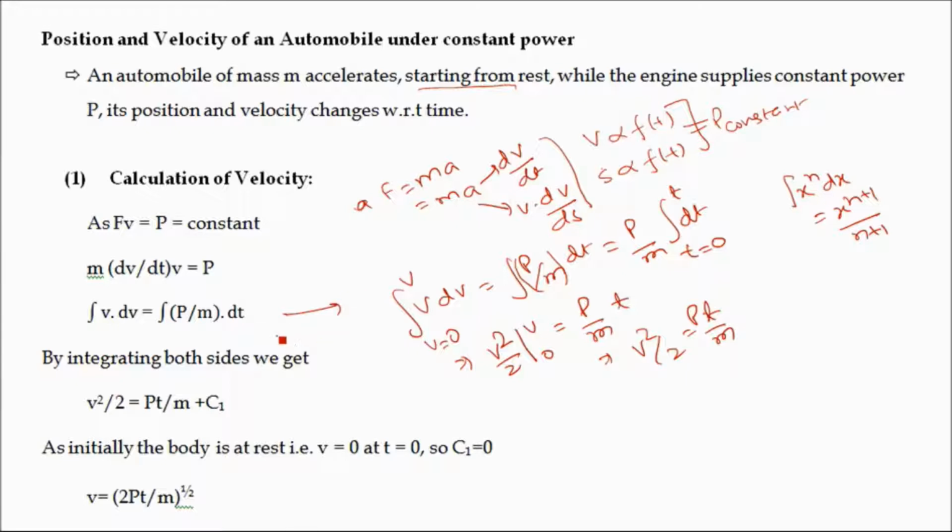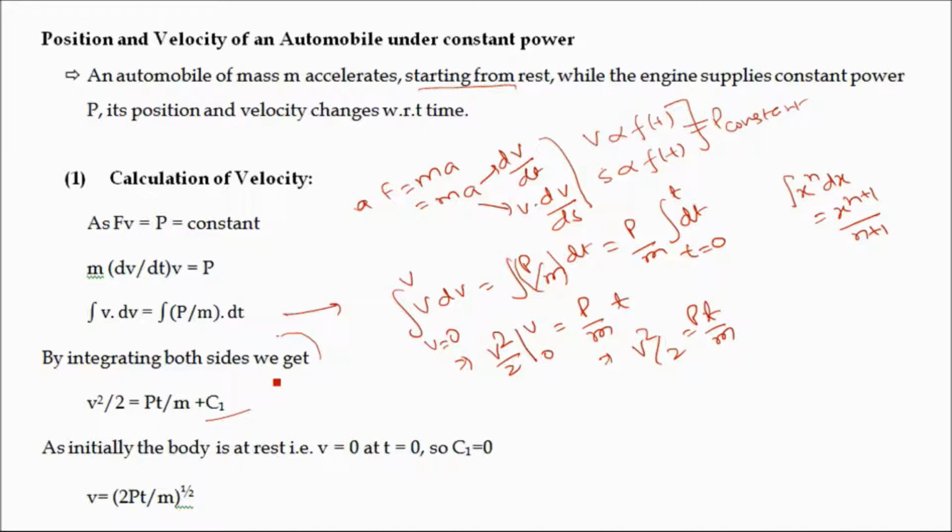Actually, I have also done it through indefinite integration. In case of indefinite integration, we put one constant c1, and the value of c1 is calculated based on the condition, and here the condition is that the particle started from rest. If I put the condition that when t is equal to 0, velocity is 0, this implies that c1 is equal to 0.